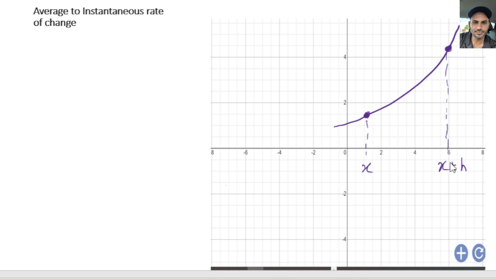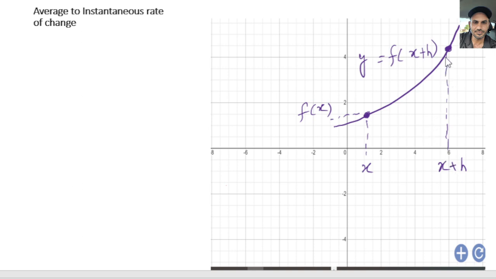The corresponding y value for this x is f of x, the function value at x, and the y value for this one is the function value of x plus h.